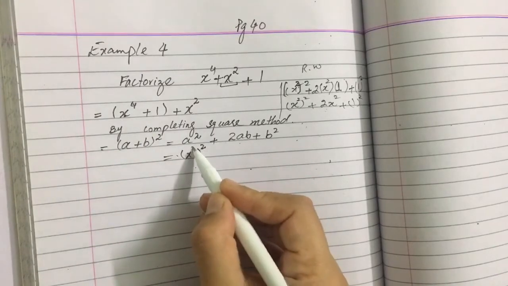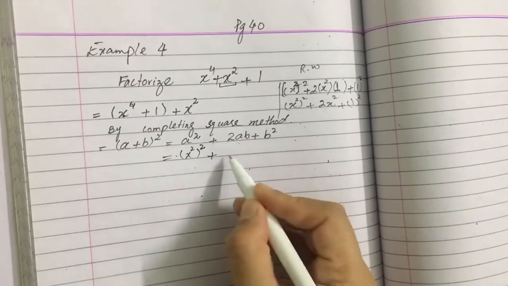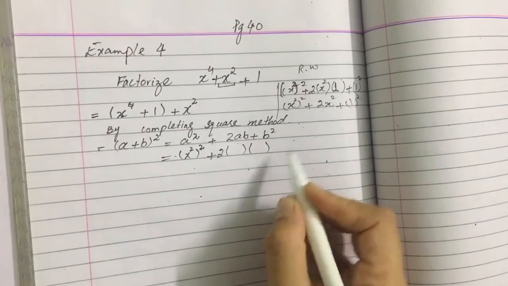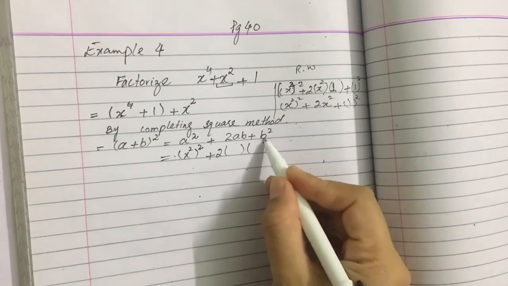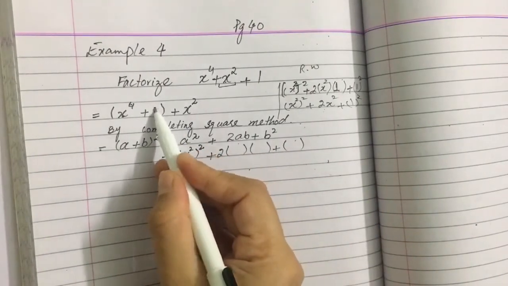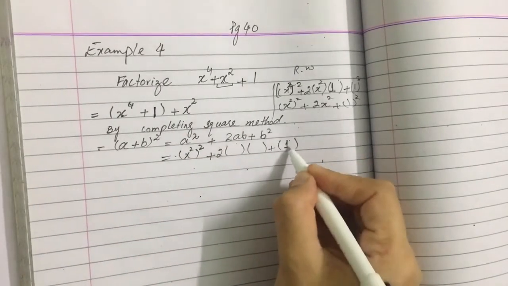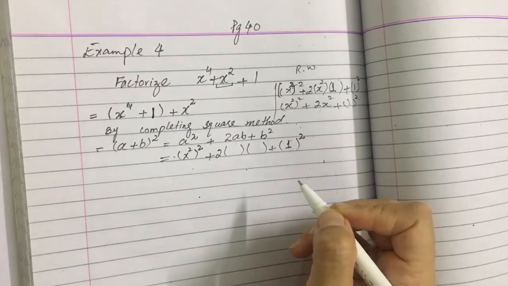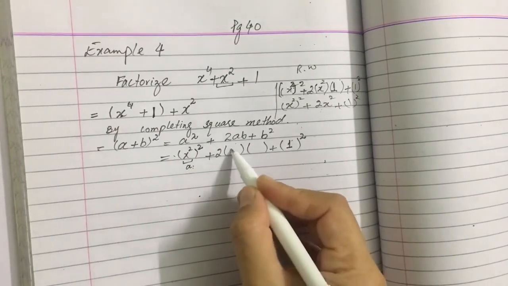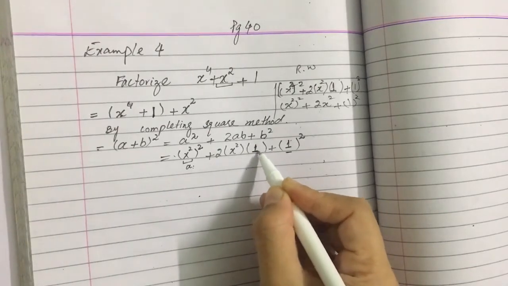It means we have to put square here to make it x raised to power 4, plus 2 into value of a, value of b will come here. And what is the value of b from our question? It would be 1 square, because 1 square is equals to 1. Now a is x raised to power 2 and b is 1.